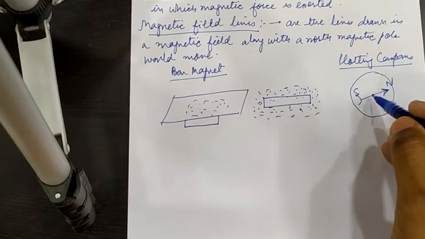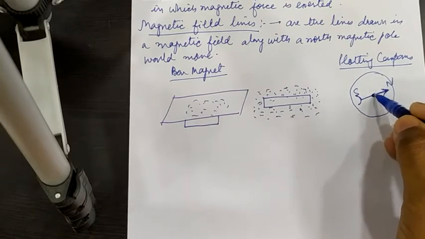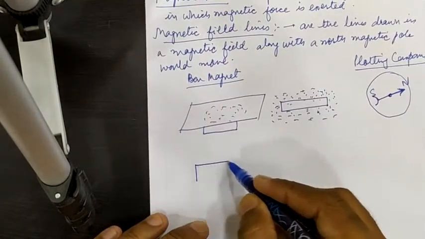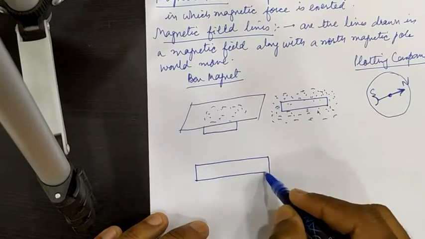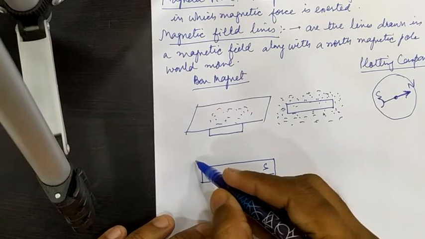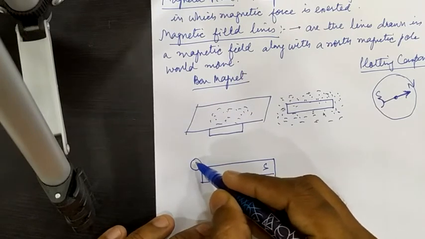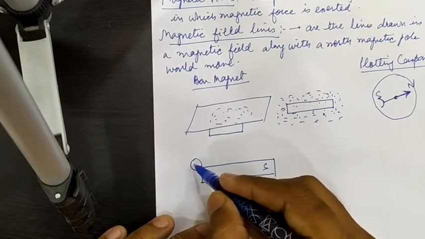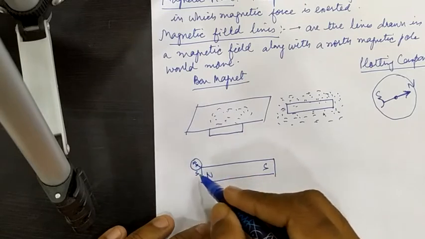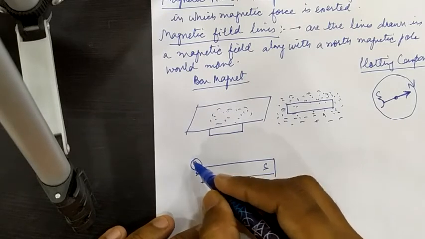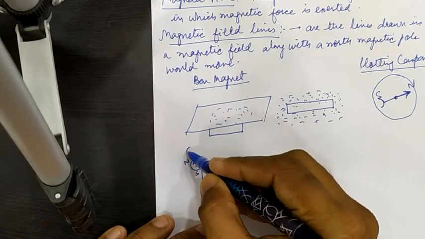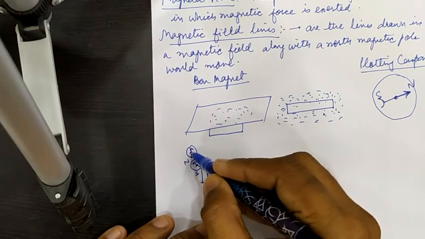Using this plotting compass also you can get the magnetic field lines. Take a bar magnet. Now this is the north section, so you put the plotting compass here, then it will arrange itself like this. Its south will point towards north because of unlike poles. Then again you can put more and more compasses.